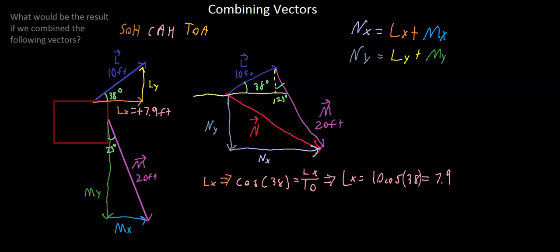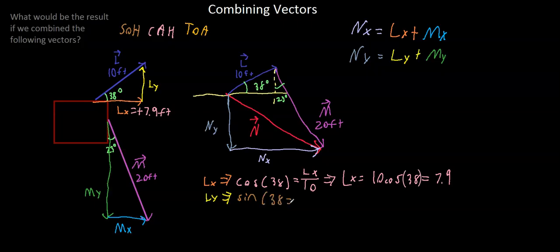But to solve for L of y, we'll do the exact same thing. L of y is the opposite to our angle. We still know our hypotenuse, or we could use tangent and use our opposite and adjacent, either or, but I'm going to go ahead and use the opposite. So sine is opposite over hypotenuse.